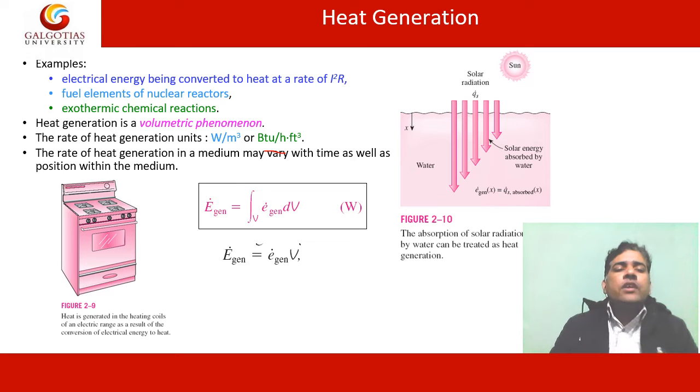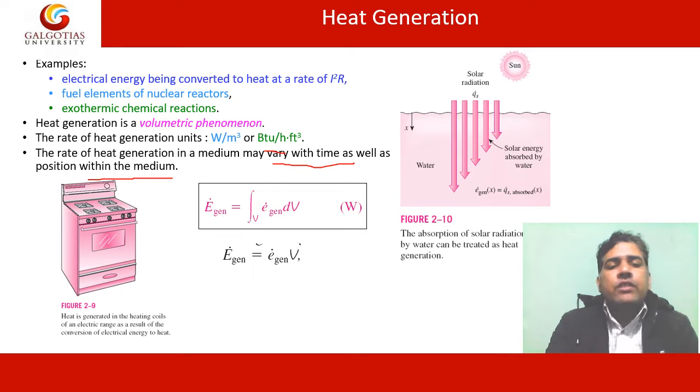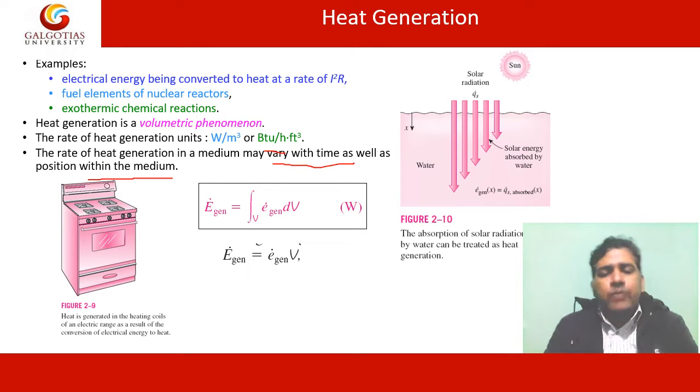Similarly, the rate of heat generation in a medium may vary with time as well as position within the medium. In a medium, if heat is generated, it doesn't mean it will be continuous. It may be time dependent. Heat generation may increase or decrease, or fluctuate, and within that medium, maybe in one position the heat generation is less, and in another position heat generation is more.